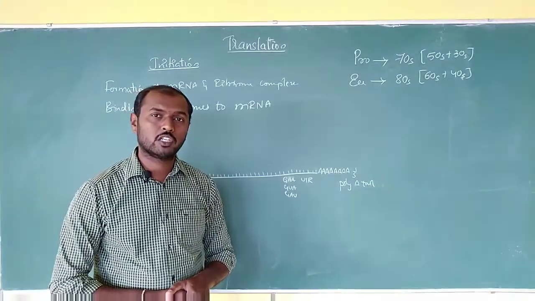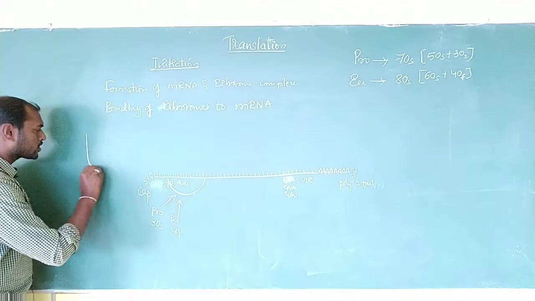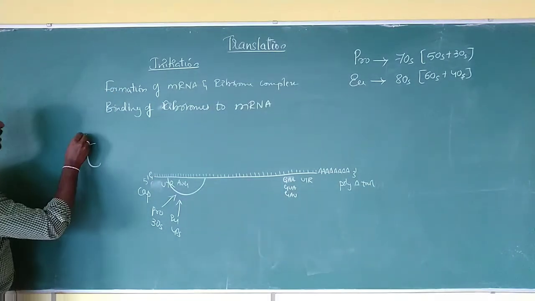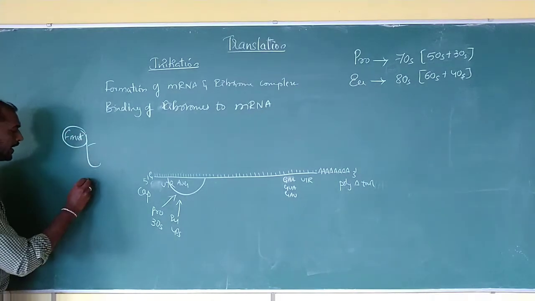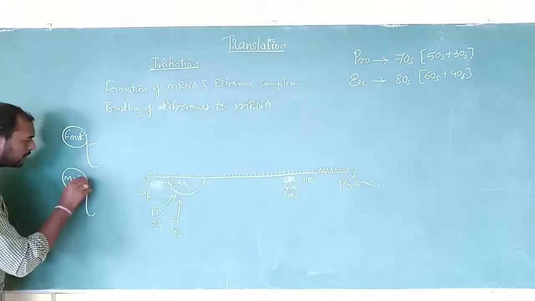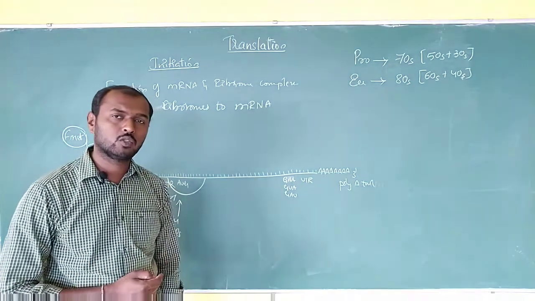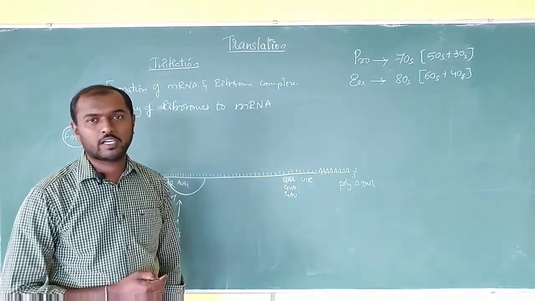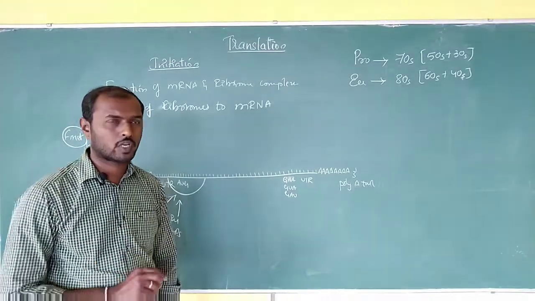In case of the initiator tRNA, in prokaryotes it is the tRNA carrying fMet. In case of eukaryotes, it is just methionine. That means in prokaryotes it is formylmethionine, and in eukaryotes it is just methionine.